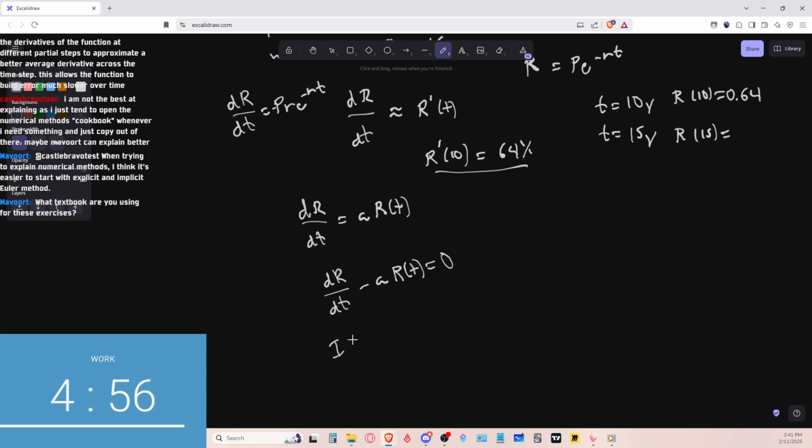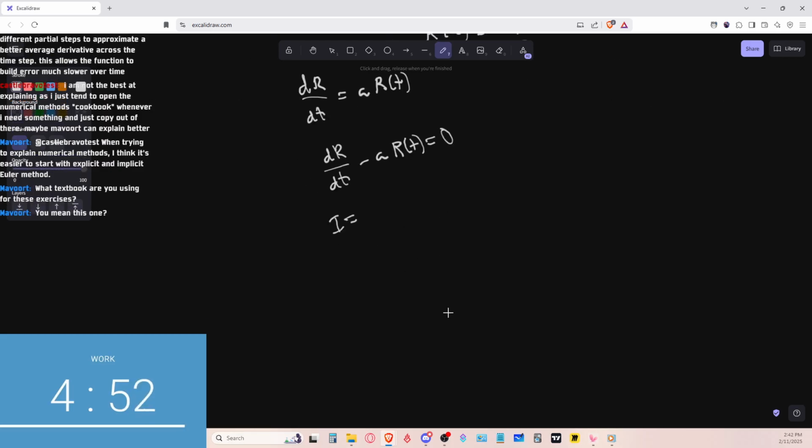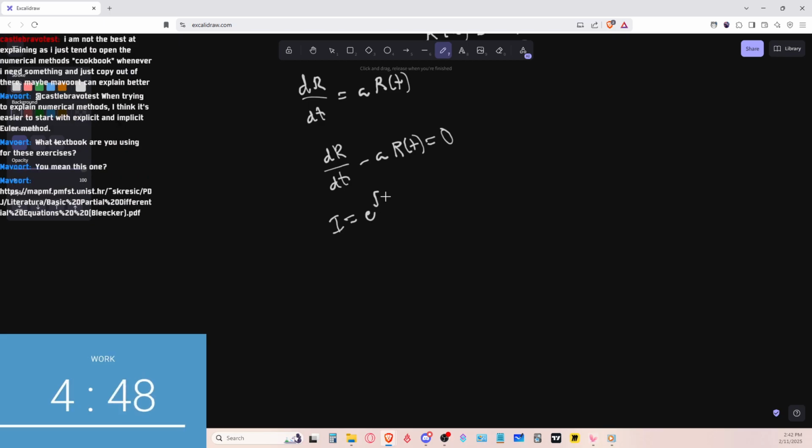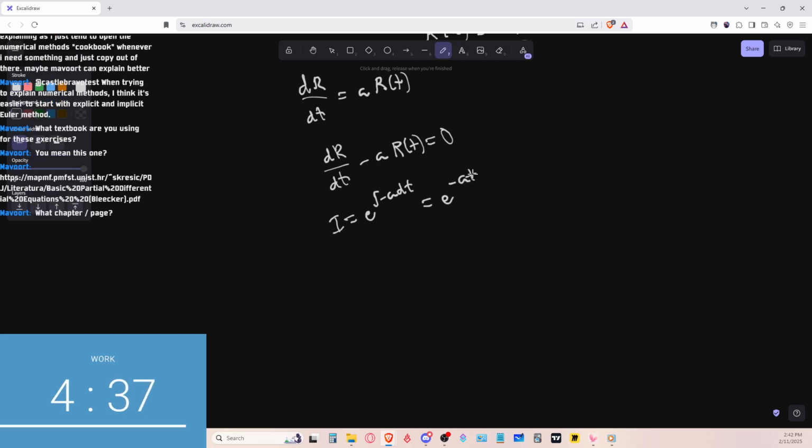So the integrating factor, so we have e to the negative t, and we'll just move that in front, and then we're given t.